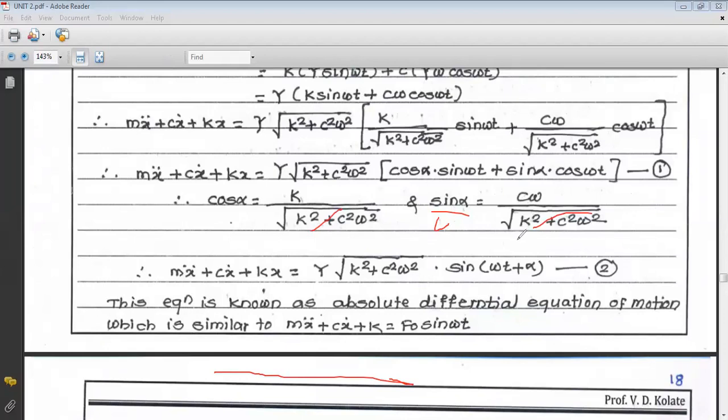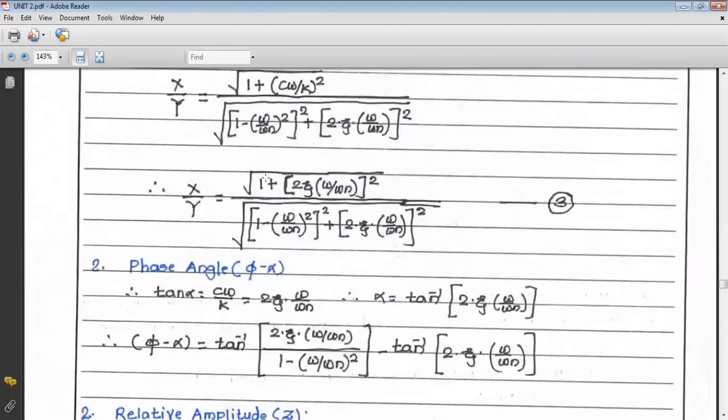So tan alpha becomes c omega upon k. Now we know that this c omega upon k is nothing but 2 zeta omega upon omega n. So from that we get the value of alpha as tan inverse of 2 zeta omega upon omega n.